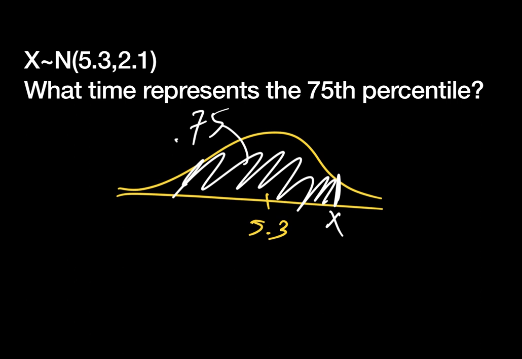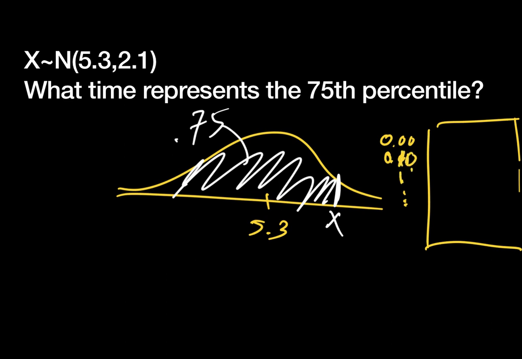If you're going to use a table, we're going to be looking for one of the many different tables. Inside the table, if you remember, it has something like 0.0, 0.01, down to certain numbers across the top. This is 10, 11, 20, 30, 40.